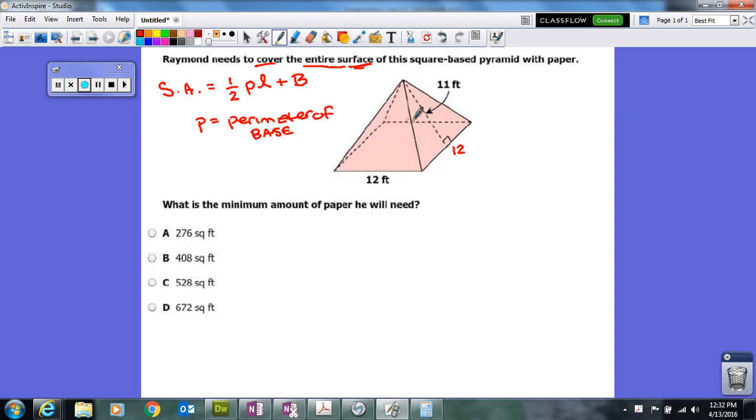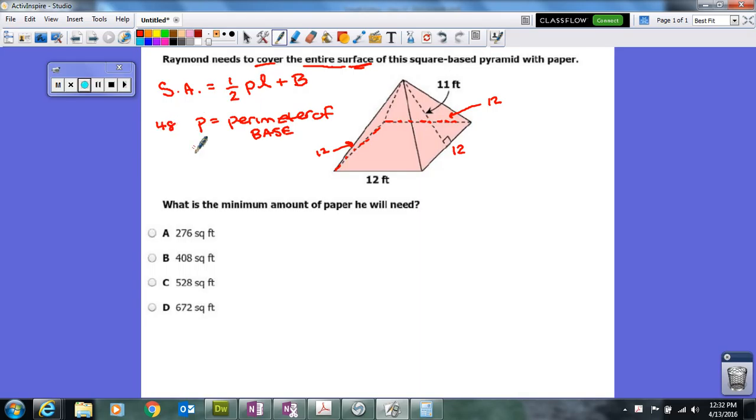And then this back side right here, that one would be 12 feet also. And then this side along right there would be 12 also. So the perimeter is the distance around the base. So when you add all of those sides up, our perimeter, or our P, would be 48.